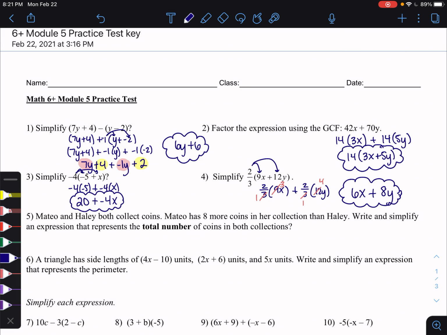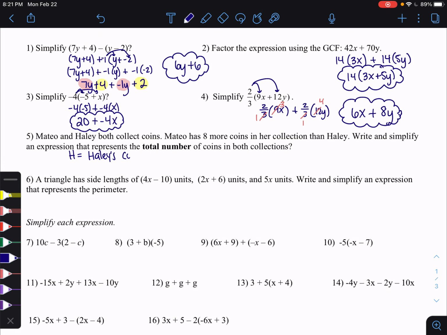Well, if H represents Haley's coins and H plus 8 represents Mateo's, then their total is represented by Haley plus Mateo, and then I'm going to combine like terms. So I've got an H and an H. That's going to be 2H plus 8. Your variable can be anything that you want it to be. It's completely up to you.